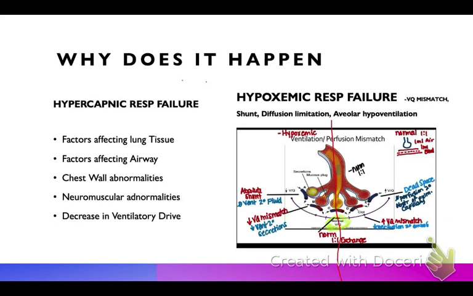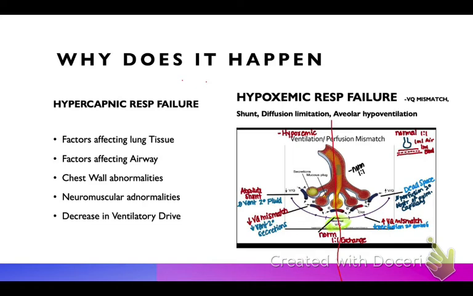Then D, you've got a clot, which would be an increase in VQ mismatch. Decreased perfusion secondary to emboli. So you do have some blue and red there, but you have an increase in the VQ mismatch, so it's elevated.